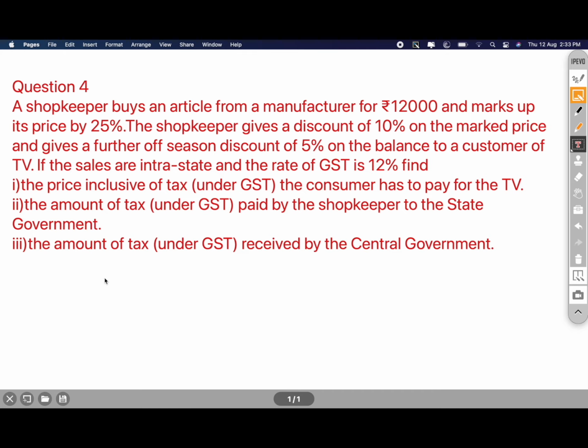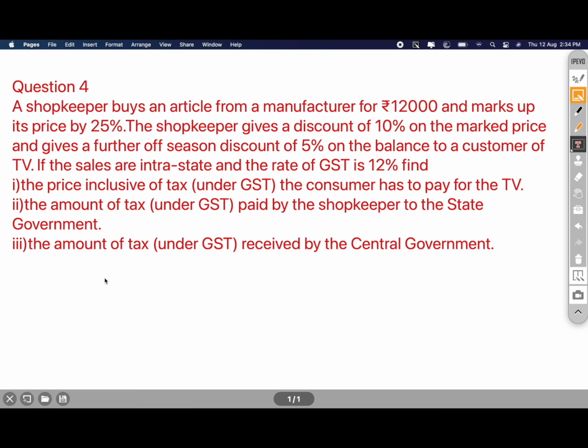A shopkeeper buys an article from a manufacturer for rupees 12,000 and marks up its price by 25%. The shopkeeper gives a discount of 10% on the marked price and gives a further off-season discount of 5% on the balance to a customer of a TV.